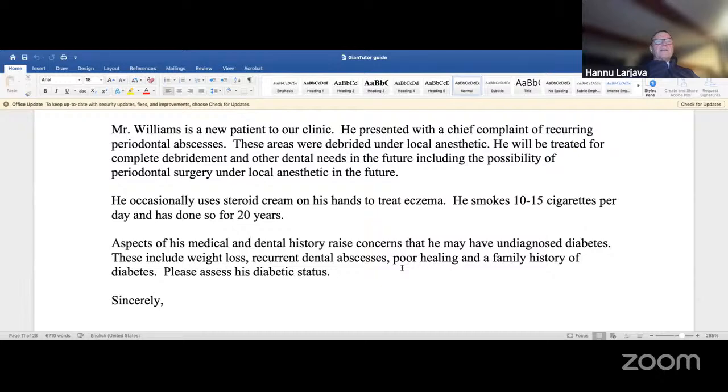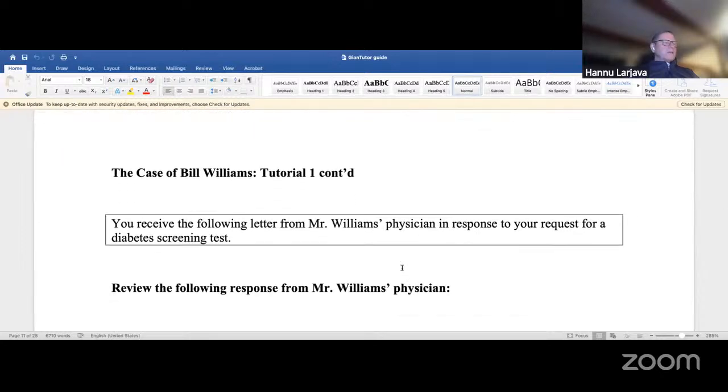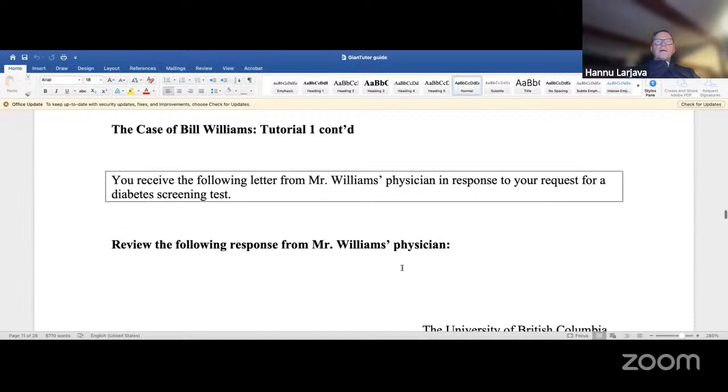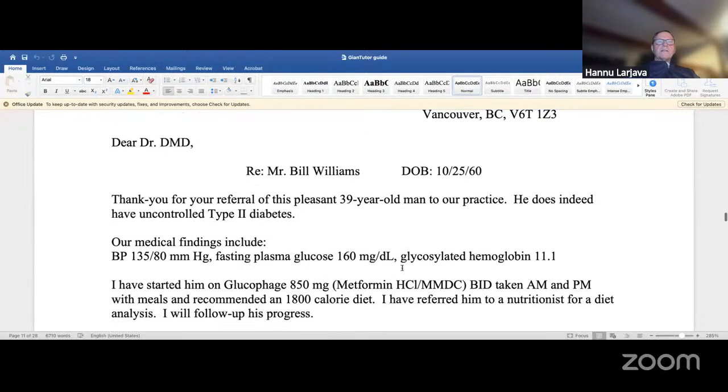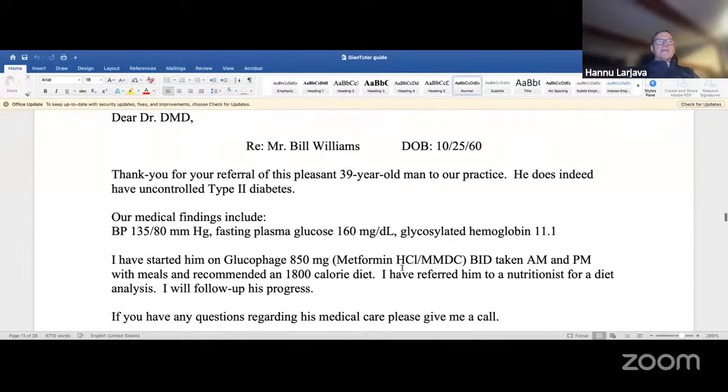So we send them to the physician, and in this case we have received a letter back from the physician saying thank you for your referral, and he does indeed have uncontrolled type 2 diabetes.